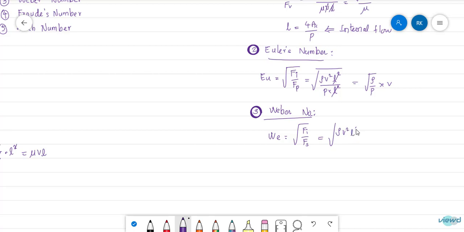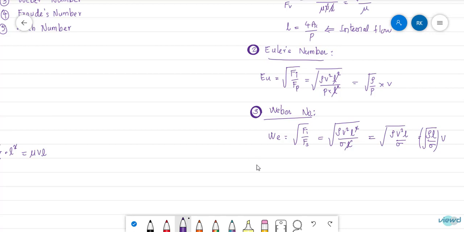Rho v square L square divided by surface tension force, which is sigma into L. So L gets cancelled and the remaining is rho v square into L by sigma, or you can write it as under root of rho L by sigma into v.